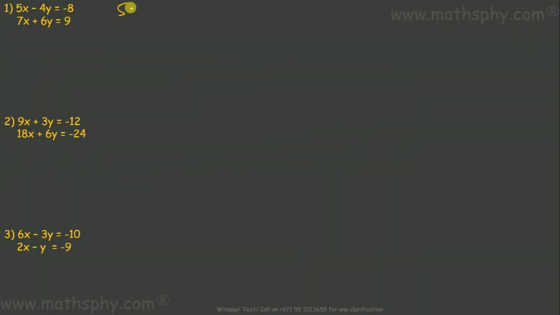The first one, we know what to do. First of all, 5x minus 4y, this negative 8 comes to this side, positive 8, is equal to 0. Then 7x plus 6y minus 9 equals 0. So both equations are equal to 0. Quickly, a1, a2, b1, b2, c1, c2.